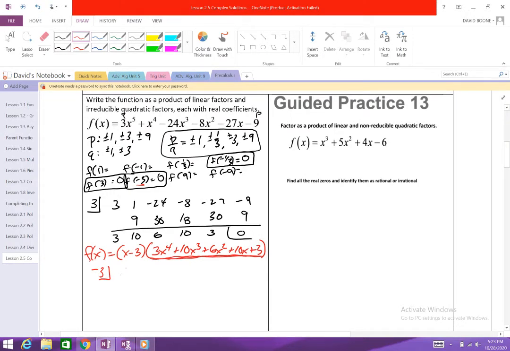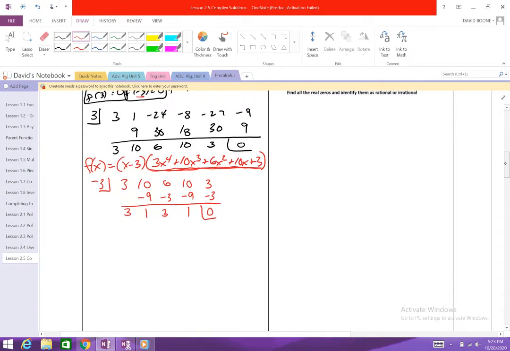All right, so coefficients would be 3, 10, 6, 10, and 3. Bring down that first one, multiply and add, multiply and add, multiply and add, multiply and add. Again, you see you get 0 down there because it should if that was a root.